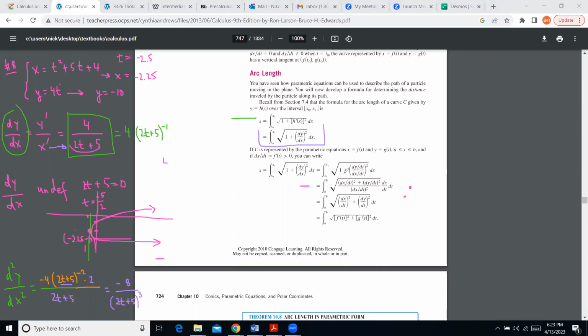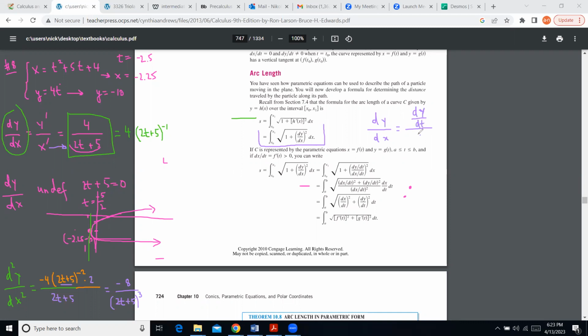And what they do then is they work with this function the following way. They already know that dy over dx is a fraction with respect to the t's. So it's dy/dt. That's what we just did when we found our first derivative.